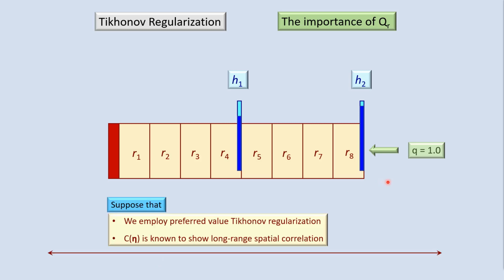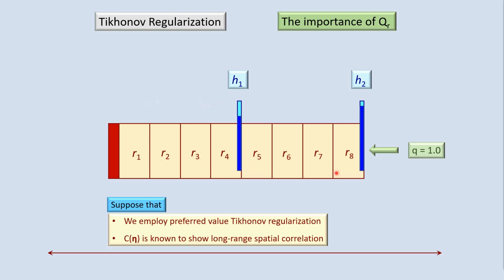And let us suppose that we know that there is spatial correlation between these hydraulic properties. We might know, for geological reasons, that if R1 has a high value, then R2 is likely to be high, and R3 is likely to be high just because of the nature of the geology at this site.